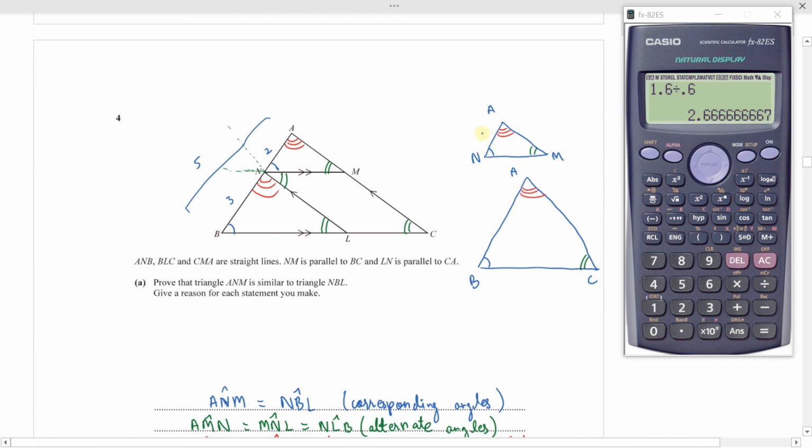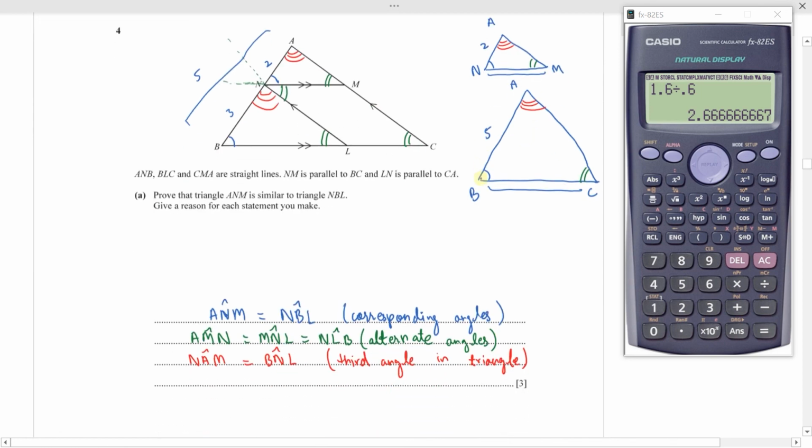So this length is 2 AN, and this full length is 5. And then you have to find the ratio of NM ratio BC. So this ratio will also be the same as the ratio of these two corresponding sides, because these are similar triangles.